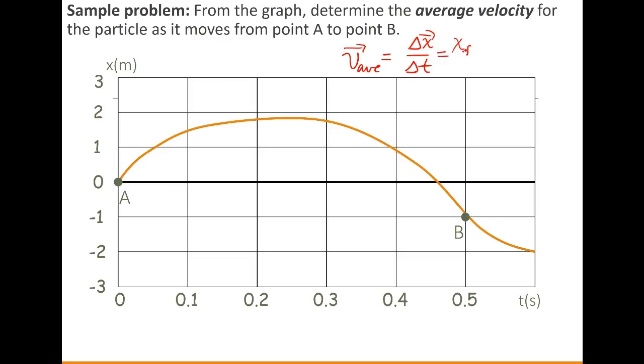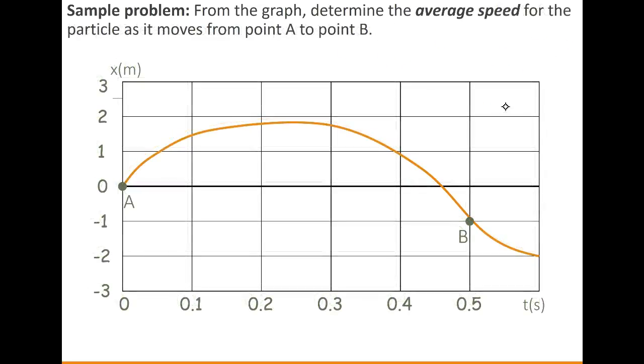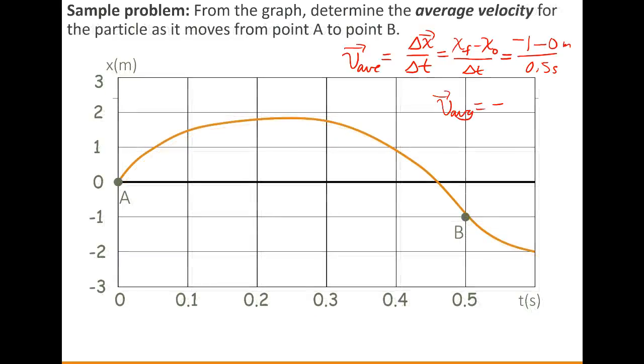So it's going to be x final minus x initial over delta t. And x final we can see is a value of -1. X initial was 0, and delta t was 0.5 seconds. So that means that v average is -1/0.5. -1 divided by half is actually -2 meters per second.